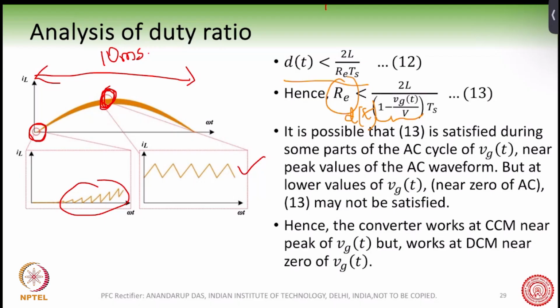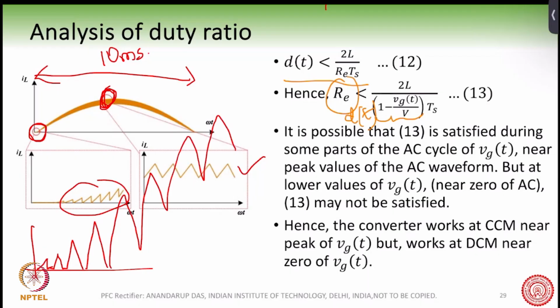This happens particularly near zero, because the average value of IGT is less near zero and more at the peak of the AC. So initially it goes into DCM, then moves slightly more, reaches critical conduction mode, and then starts to move into CCM.